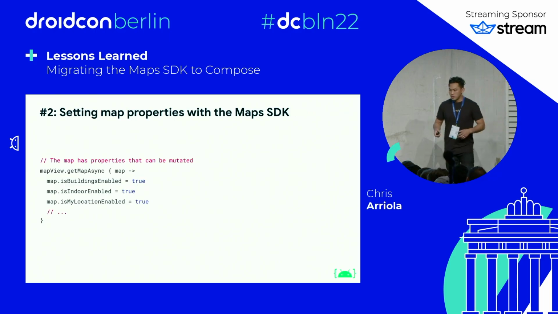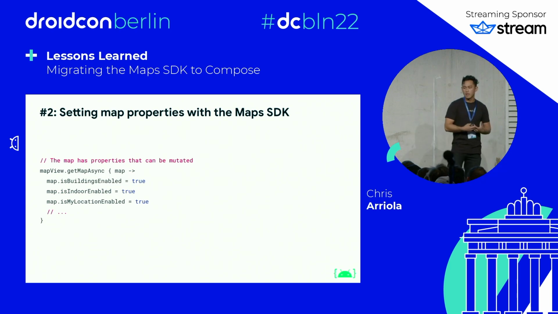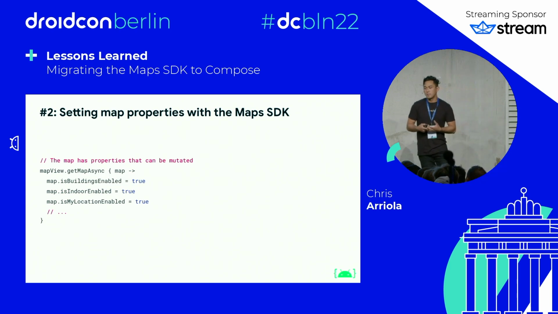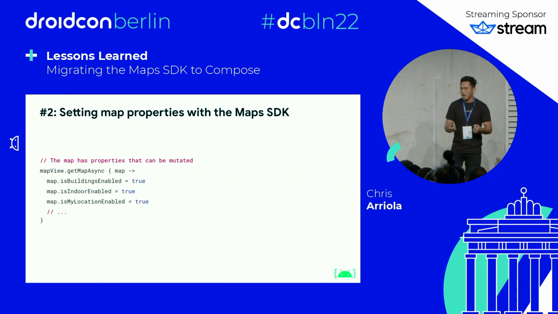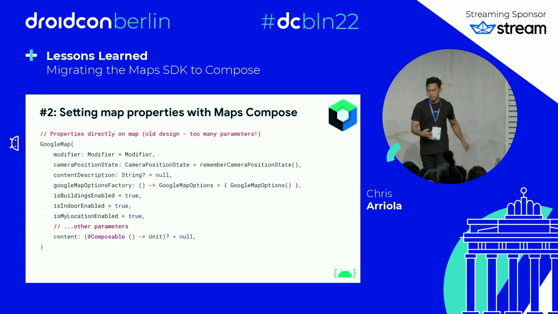A related point to this is that the Google Map has certain properties that you can mutate at runtime, like if the buildings are enabled on the map, if the My Location blue dot is enabled. A very initial design of the Google Map composable function exposed these properties as parameters.